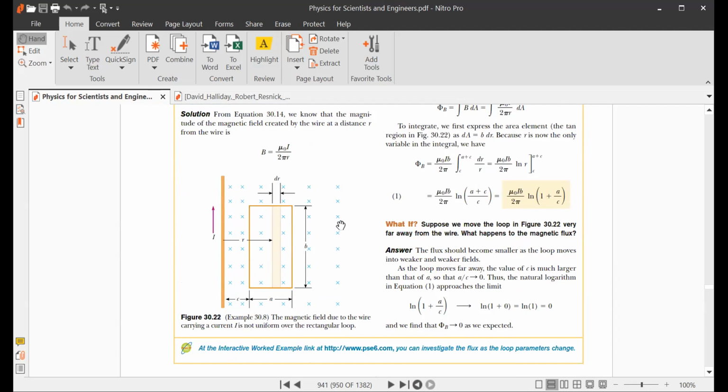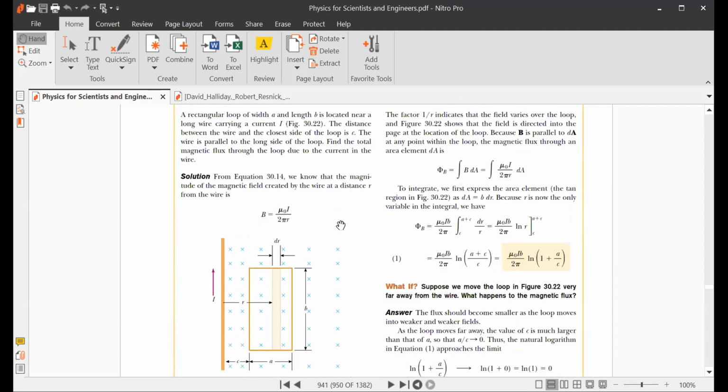So how to calculate the flux passing through this rectangle? It is similar to the computation above.